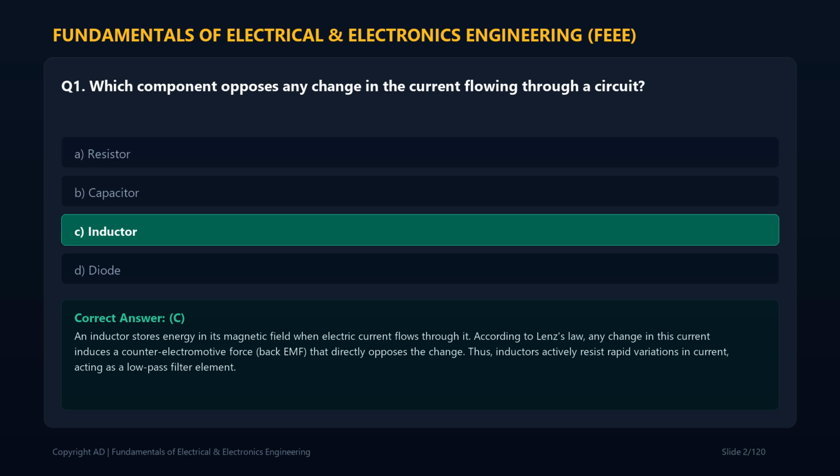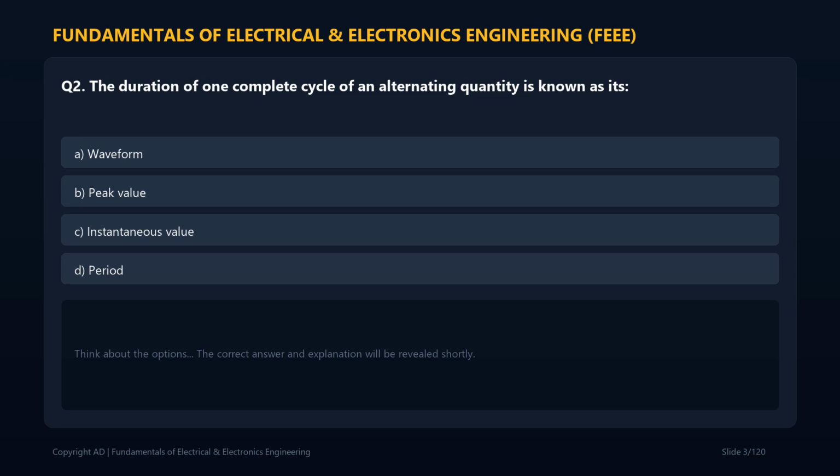An inductor stores energy in its magnetic field when current flows. According to Lenz's law, any change in current induces a back EMF that opposes that change, resisting variations in the circuit current.